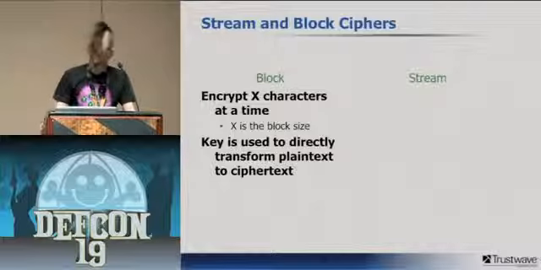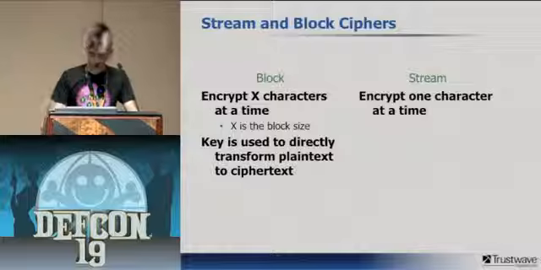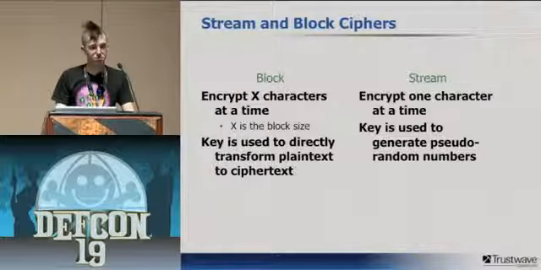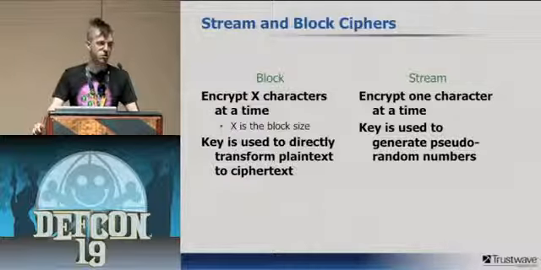Whereas with stream ciphers, you're encrypting one byte at a time, and the key is used as a seed to a pseudo-random number generator. It might be worth mentioning what that is. It generates numbers that look random but are not. For instance, you can use hashing algorithms as pseudo-random number generators.